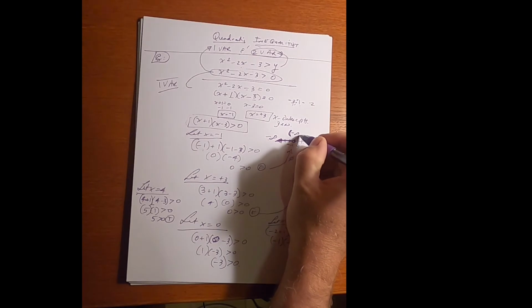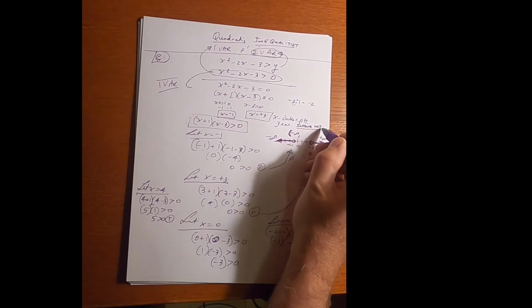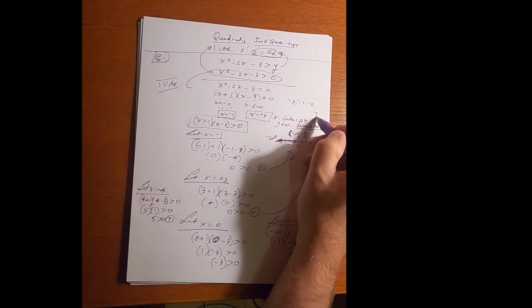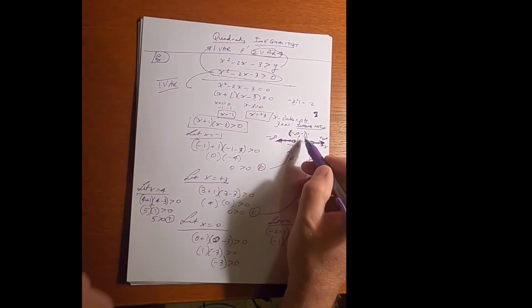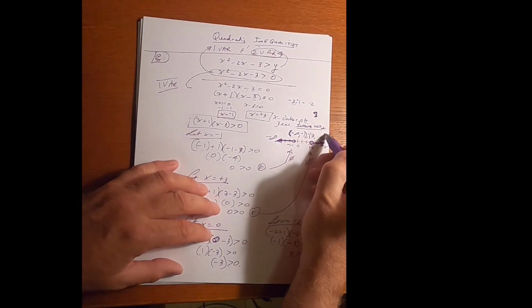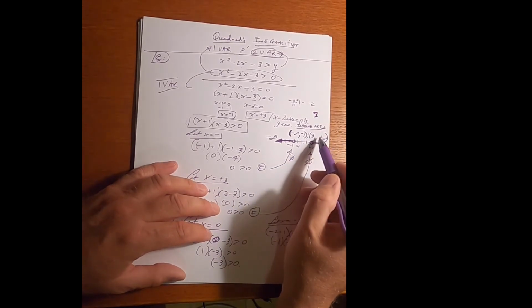So you would put a comma here in interval notation, and then you would put -1, and it doesn't include -1, so you put that kind of a half circle here. If it included the point, you would put a bracket, okay? But it doesn't include that point, so you put a half circle. And then you would do the same here. It would be 3, comma, plus infinity, half circle, and there's your interval notation, okay?